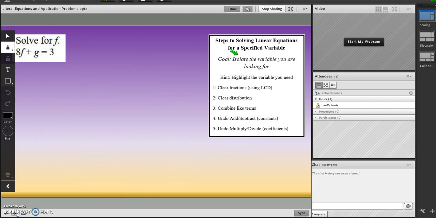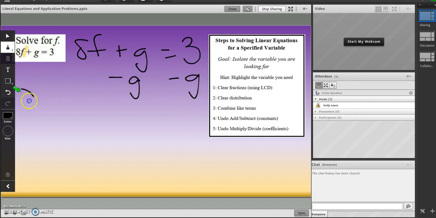Let's do another one. We want F. Okay. 8F plus G equals 3. All right, I want F all by himself. So I'm going to move this G. Okay, 8F equals 3 minus G. The 3 and the G cannot talk to each other.